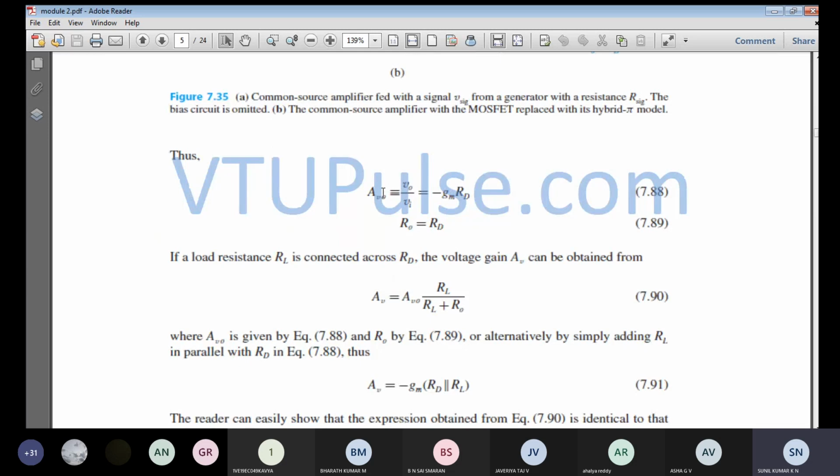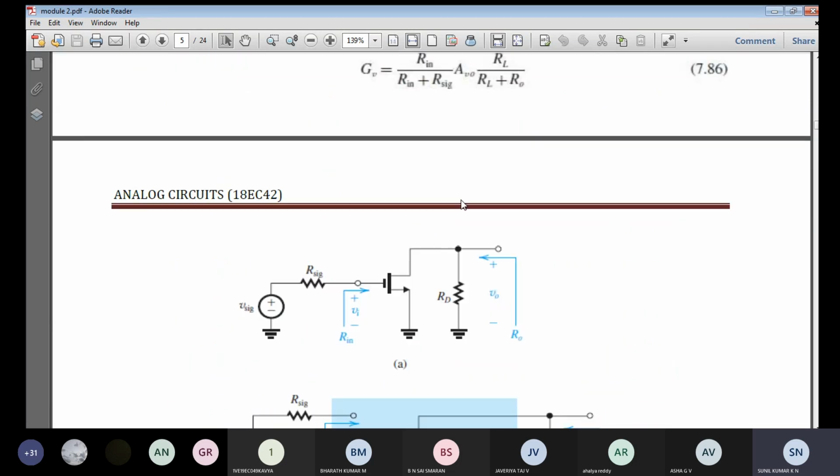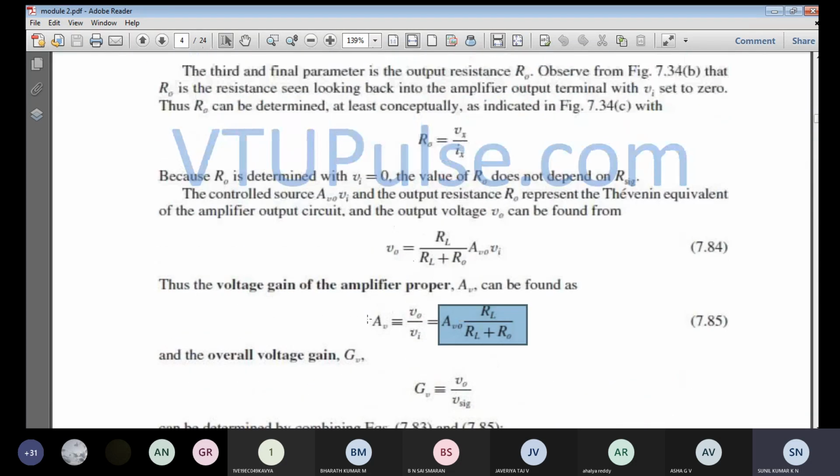So in terms of the gain expression, Av0 is nothing but the voltage gain, which will be equal to minus gm times Rd. That is the overall circuit voltage gain. So how did we find Av0 here?